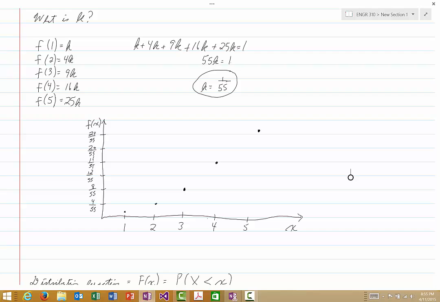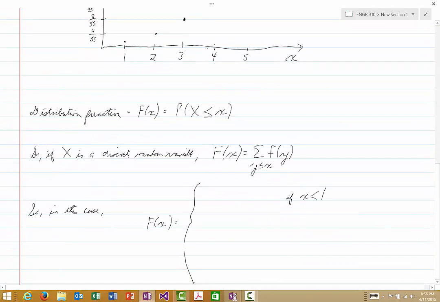But anyway, if we now glance at that plot, we can remind ourselves that there is zero probability that the random variable will have a value less than 1, so we can put 0 here. Capital F of x, the probability that the random variable is less than or equal to little x, is 0 if little x is less than 1.